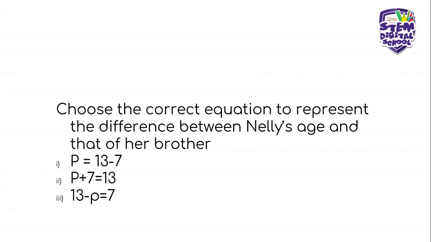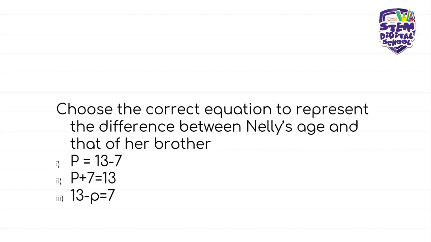The first one is P is equal to 13 minus 7. And then, of course, P plus 7 is equal to 13. The last one is 13 minus P is equal to 7. So which one is it going to be? What will be the correct equation to use in this case?